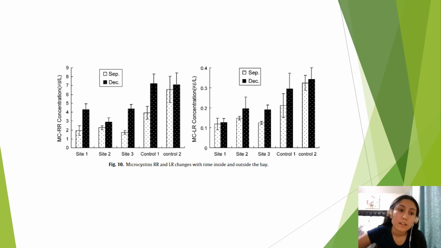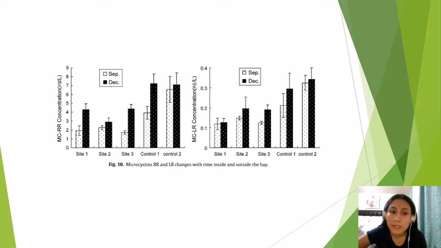And this was measured within 4 months as well. It is seen that throughout the time period for both microcystine RR and microcystine LR, the concentrations increased, but overall they were lower within the bay than the concentration outside of the bay.